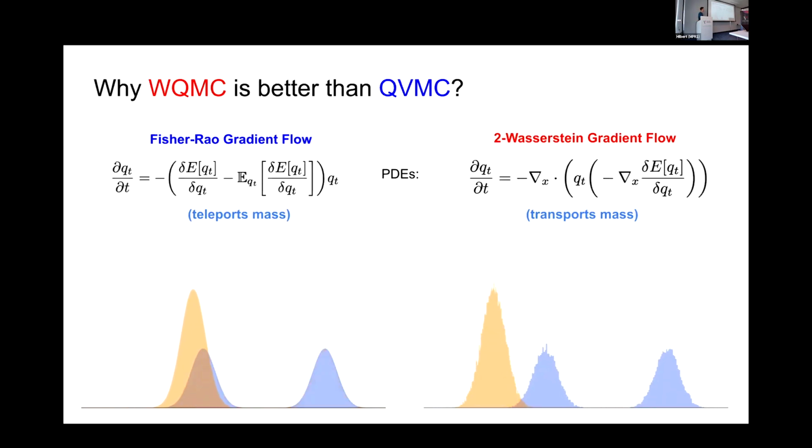No. So here the pictures are drawn to illustrate the intuition. How are these metrics different on the space of distributions? So instead of E, you should put KL between the orange and the blue one. So this is our kind of energy. It's not the quantum energy, it's how far we are from the target.